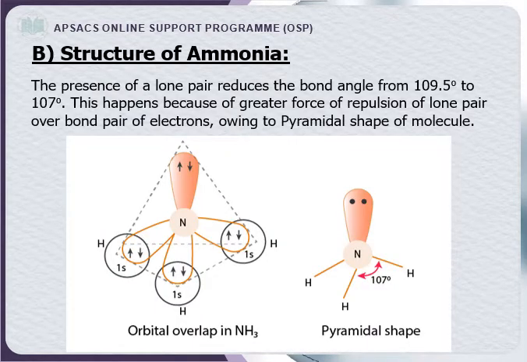Now here the structure of ammonia is given. 3 of the p orbitals and 1 s orbital will overlap to produce 4 sp3 hybrid orbitals. Here the 4 sp3 hybrid orbitals of nitrogen are mentioned, which will arrange themselves in the tetrahedral geometry.